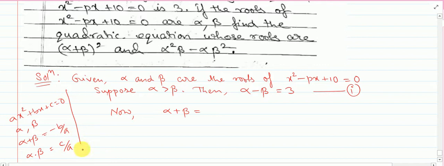We know this much. So here alpha plus beta will be what? By this formula, minus b upon a. So it will be minus, and in place of b what you have is minus p, so you put minus p, and in place of a you have 1, so you are getting alpha plus beta is equal to p. Put this as equation 2.